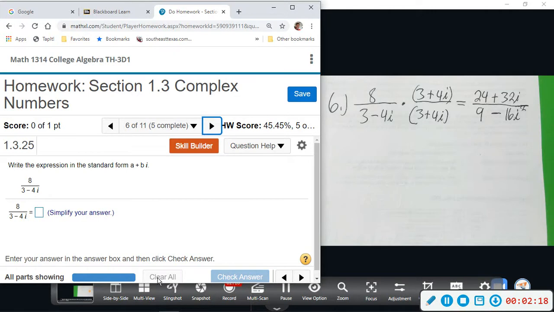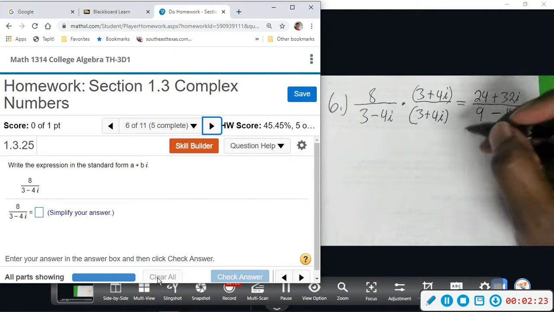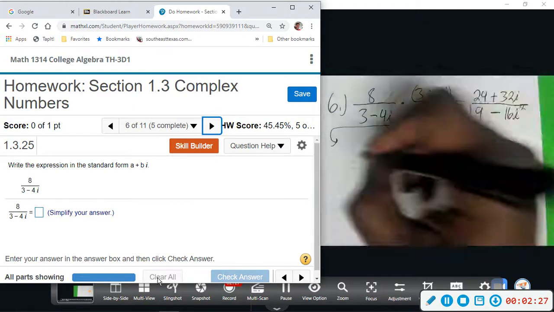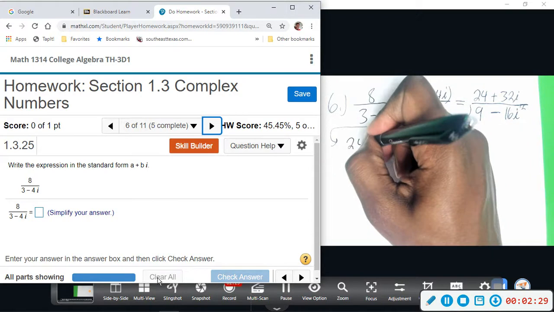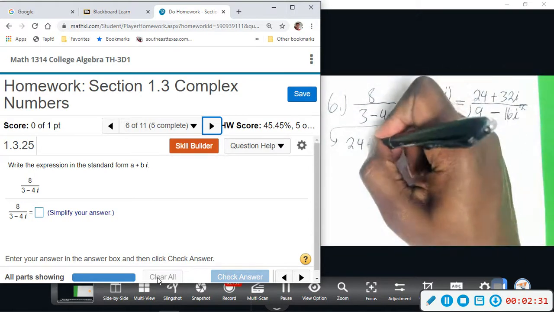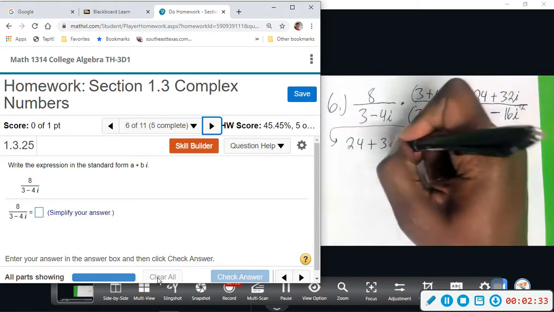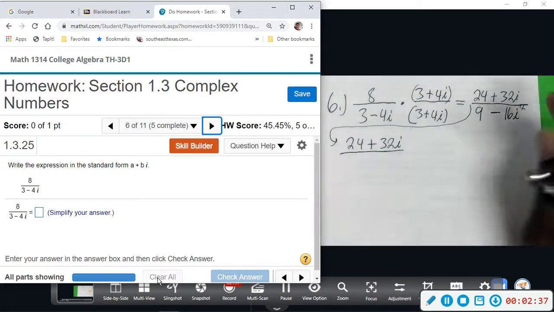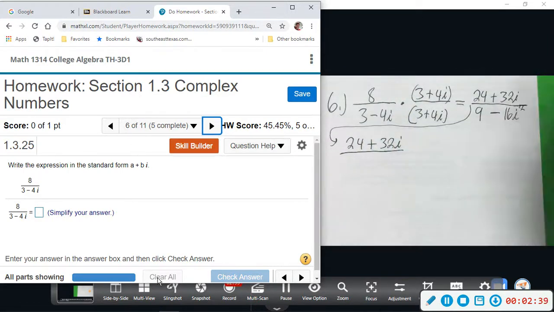Alright, now we're going to simplify. So on the top, there's nothing we can do. 24 plus 32i. On the bottom, we're going to rewrite this i squared as -1.